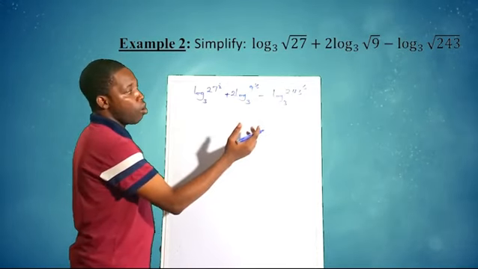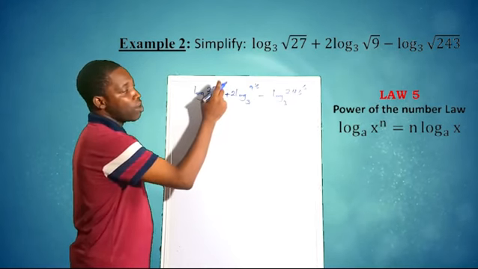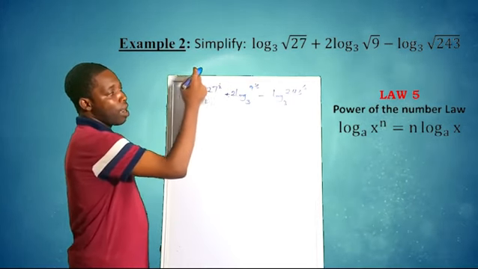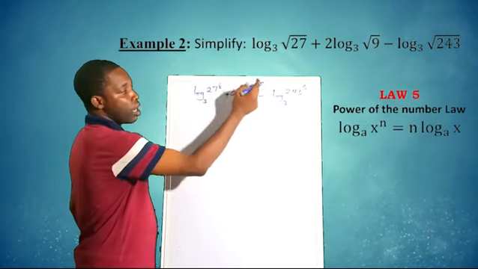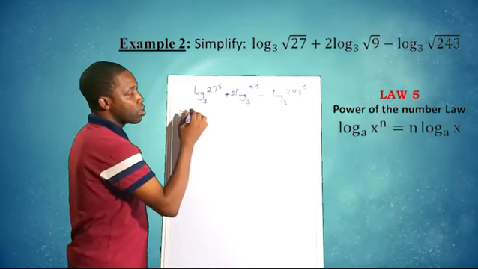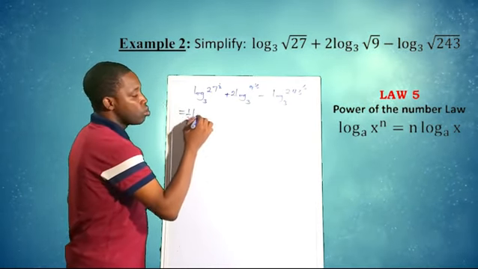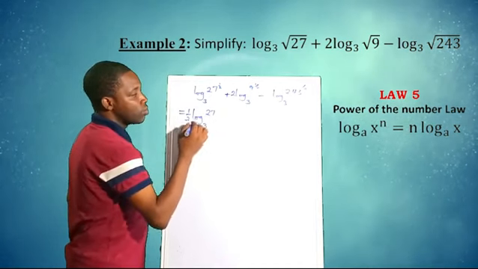Remember the law, the fifth law, telling us that anytime we have a power, it can come to the back of the log. So I can bring this half to the back, bring this half to the back, and bring this half to the back. That leaves me with 1 over 2 log 27 to base 3.